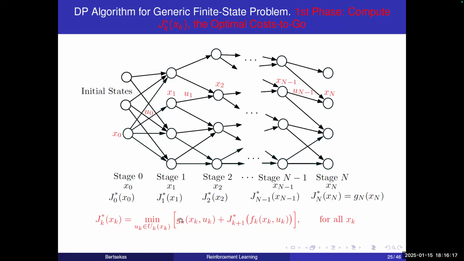So this is an immediate measure of desirability. And this part provides a long-term measure of how desirable applying uk is. And we minimize among all possible uk to get the optimal. So we're going backward in time, backward in stages, until we reach stage 0 and get J0 star of x0. We call this first phase of computing Jk star, the optimal cost to go.